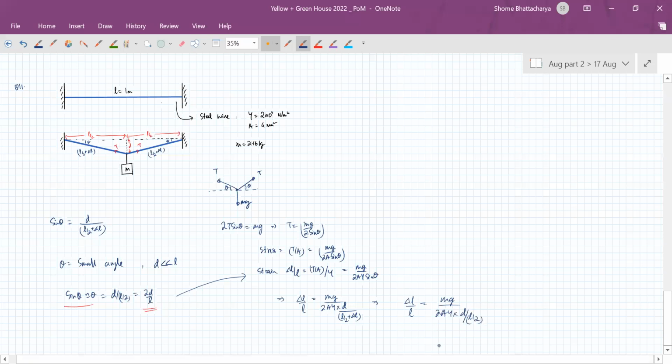So this side becomes simple. Now, to make the left hand side equally simple, we can use Pythagoras theorem. L by 2 plus delta L is basically equal to the square root of L by 2 whole squared plus d squared.